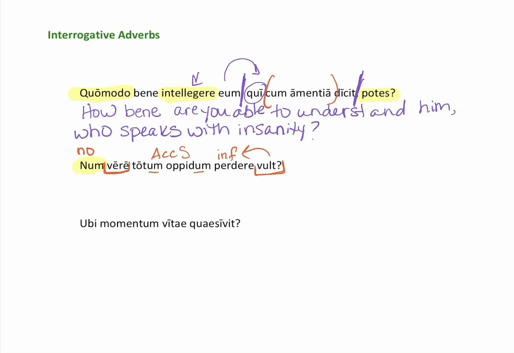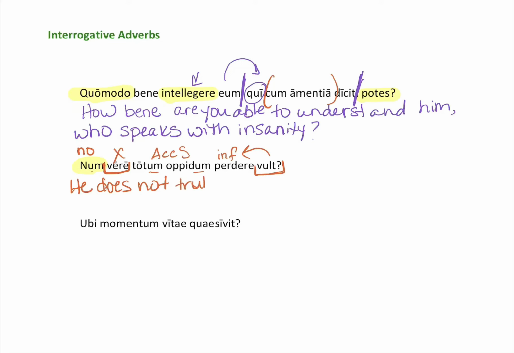Accusative singular, because it's an adjective. So let's take a look at that. There's no separate nominative, so it needs to be a he, she, it. So he wishes, but we are expecting a no answer. So we have to insert that num in here before the verb. So he does not, and then we're going to do our adverb right here because it modifies the verb, so put it in front.